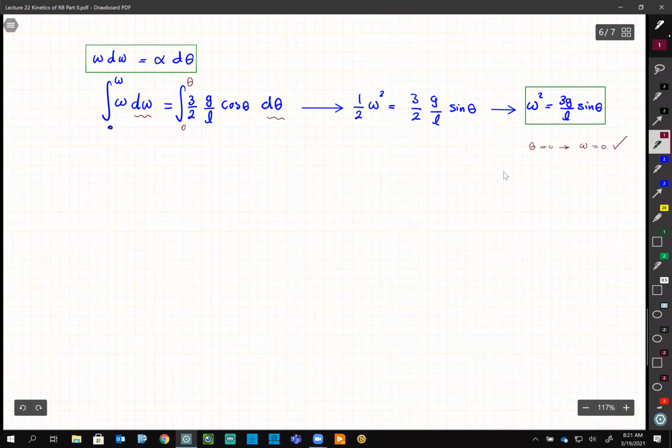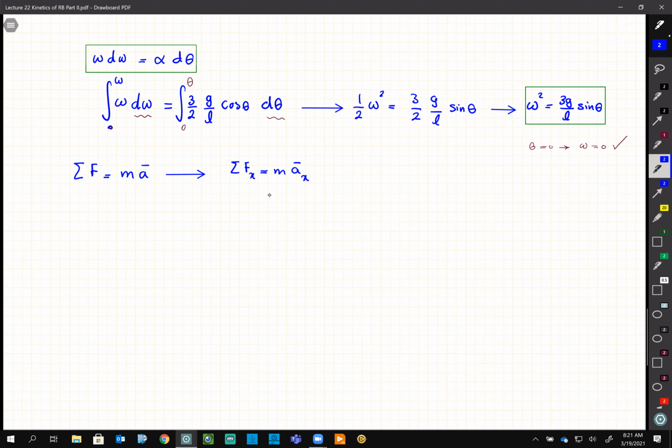The Euler formula says the sum of the forces is equal to m a bar. You can simply break it down to the sum of the forces in x is equal to m a bar x. Again, it can be t or it can be n. I just show it by x, but maybe we should have shown it by t and n, but it doesn't matter.